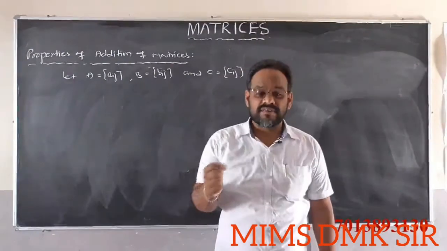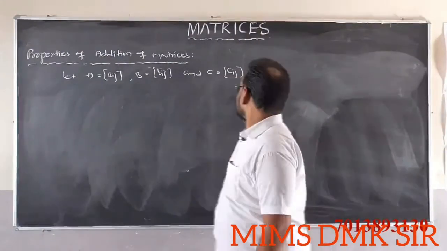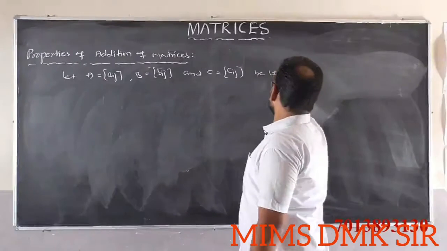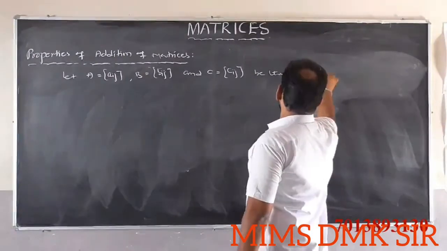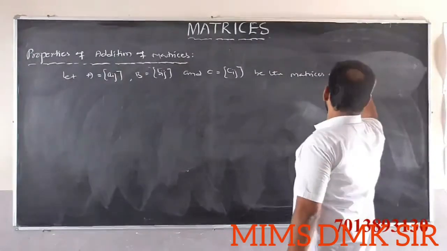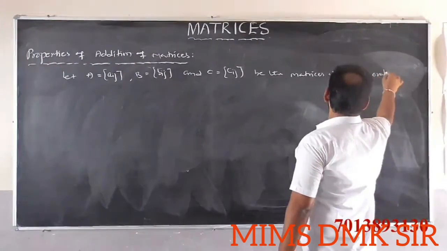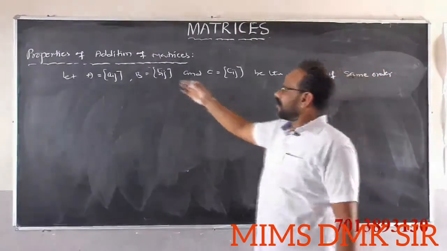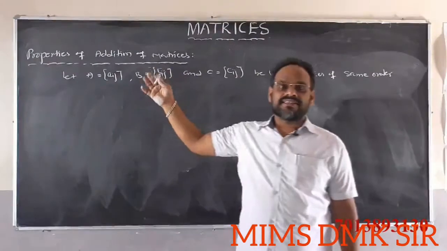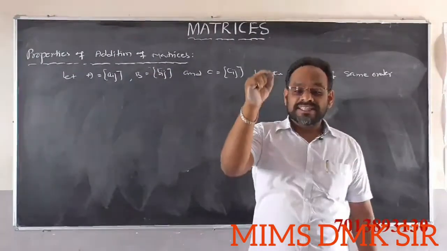Matrix A, matrix B, and matrix C are matrices of the same order.